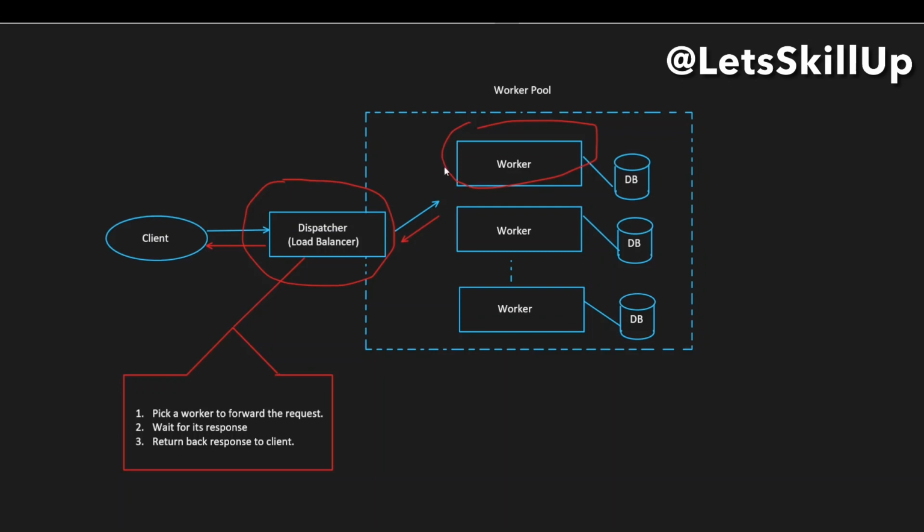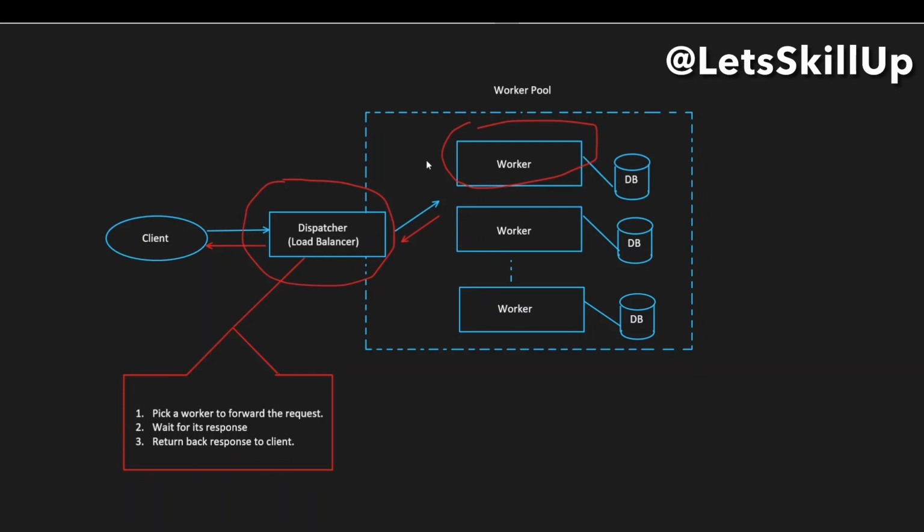Or it can be more dynamic, which considers number of active connections each worker has, and it can send a request to the worker with least connections. So there are various load balancing algorithms which can be used to distribute incoming requests. So in each case, the load balancer returns the response from computing resource to appropriate client.